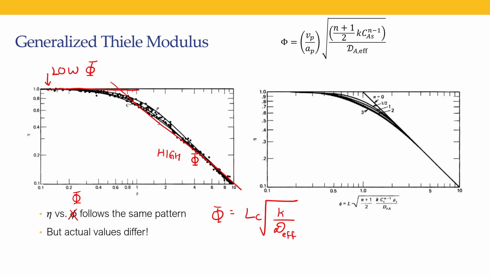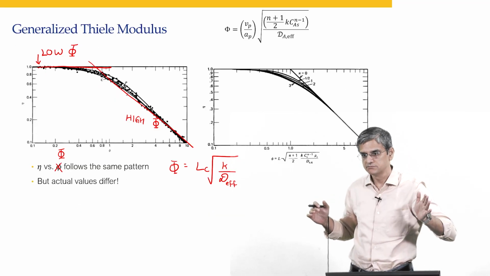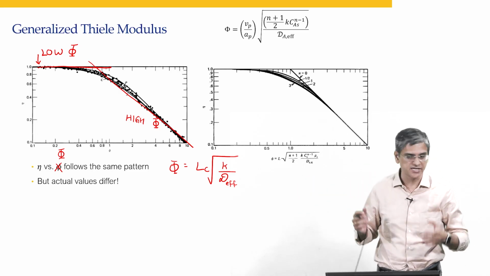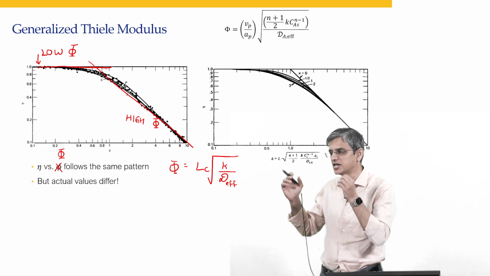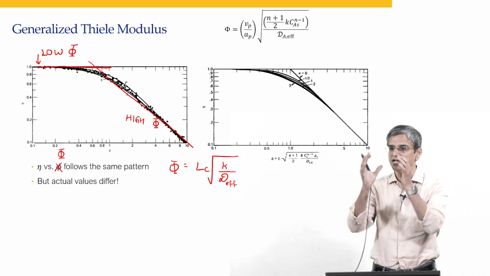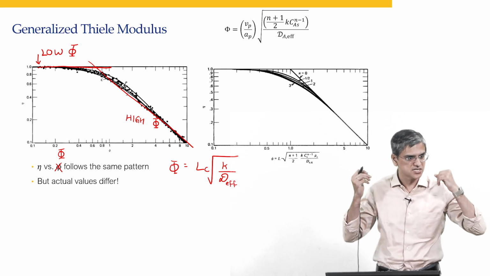Which means if D by L squared is 10 times larger, 20 times larger, or 50 times larger than K, then the entire catalyst pellet will act as if diffusion resistance is absent.